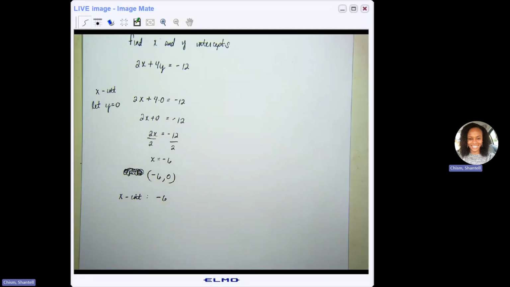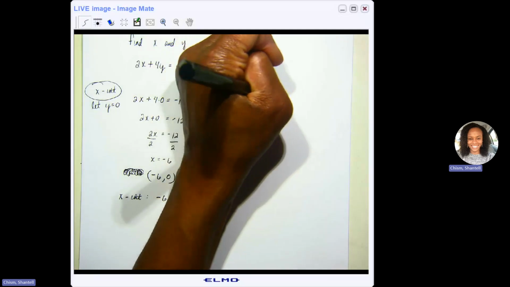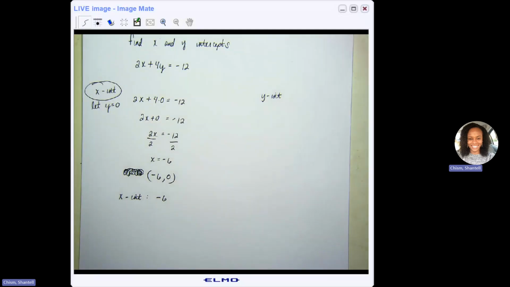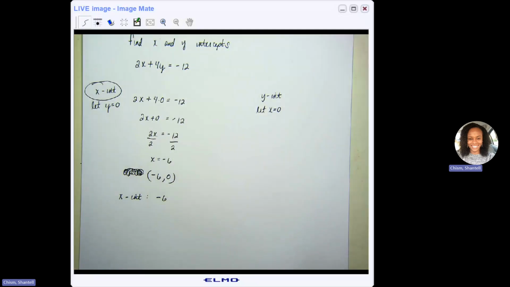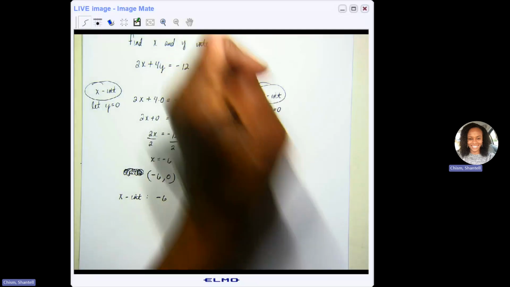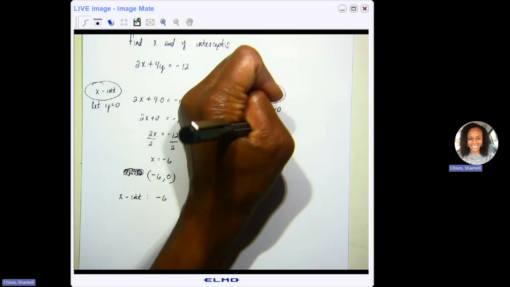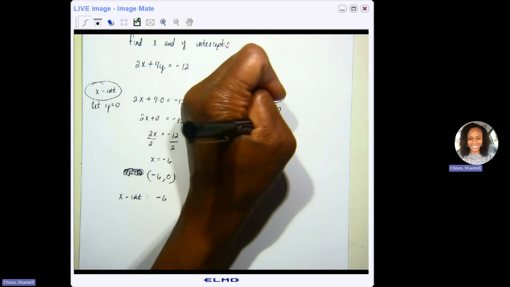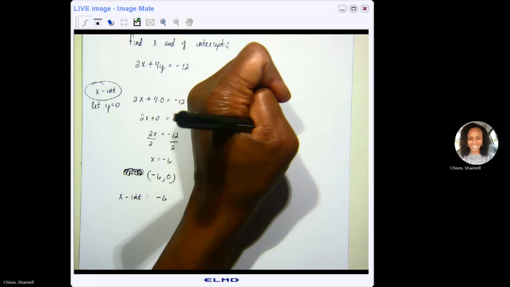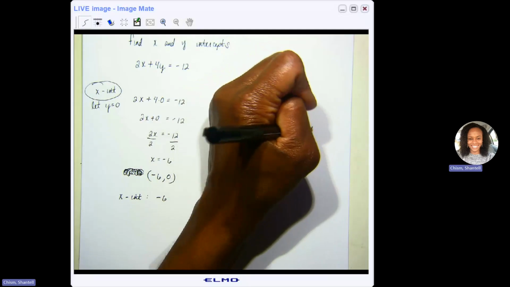Okay. And so when we look for the x-intercept, we let y be 0. When we look for the y-intercept, we let x be 0. You take the exact same equation, but this time, where we have x, we're replacing it with 0, and then we get 4y equals -12.